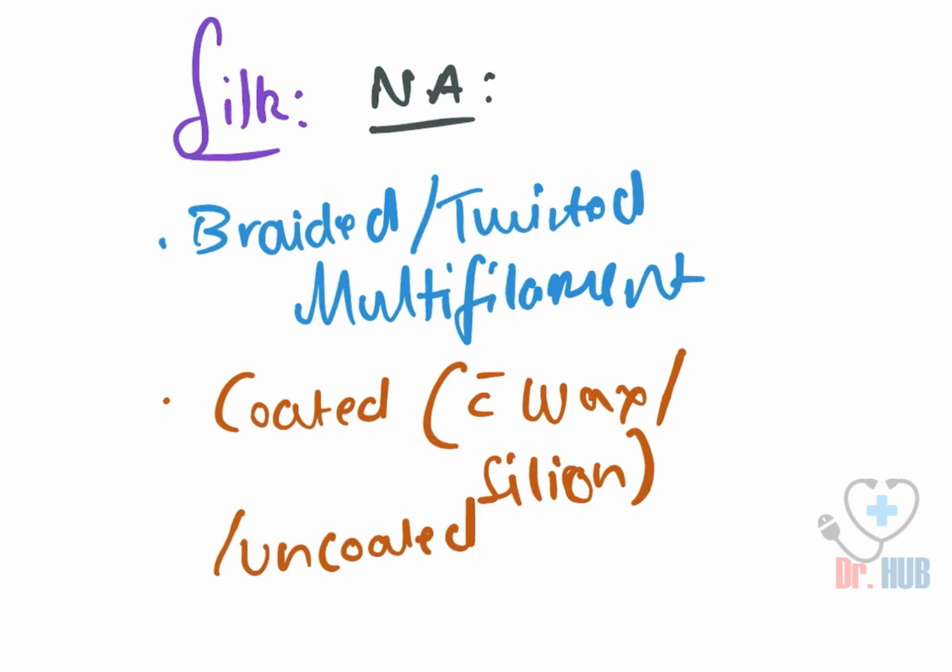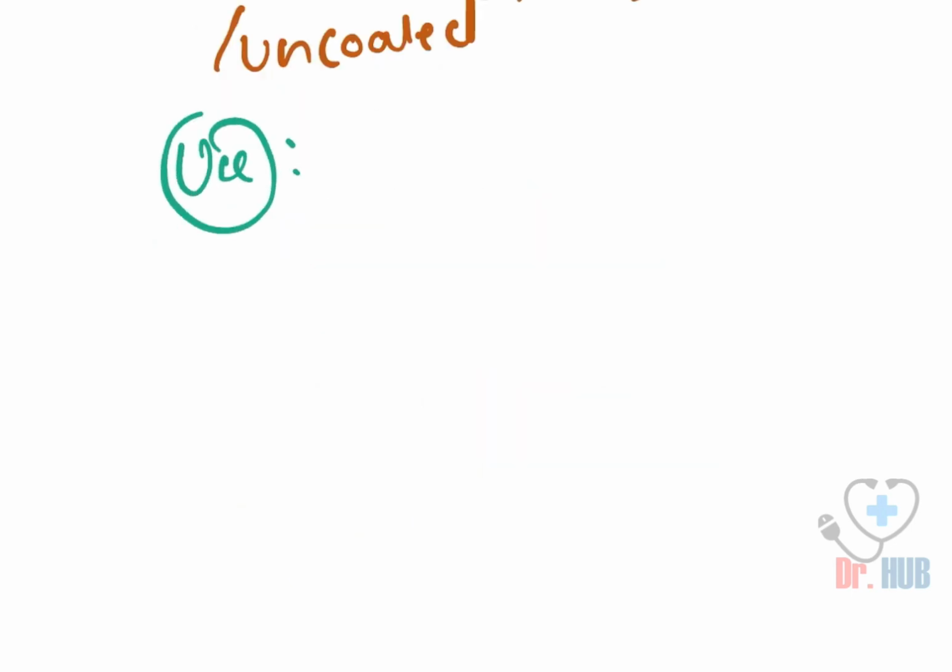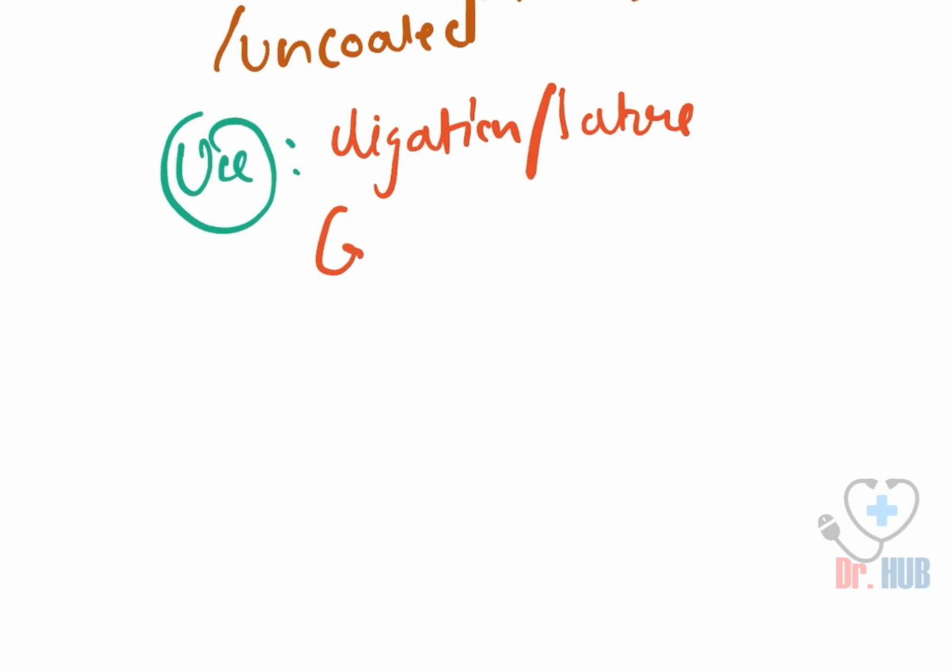So what is the use of this silk? The use is that it can be used for ligation as well as suture, when long-term tissue support is required.